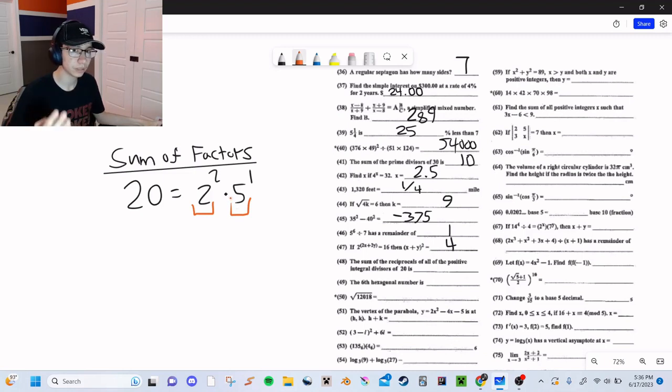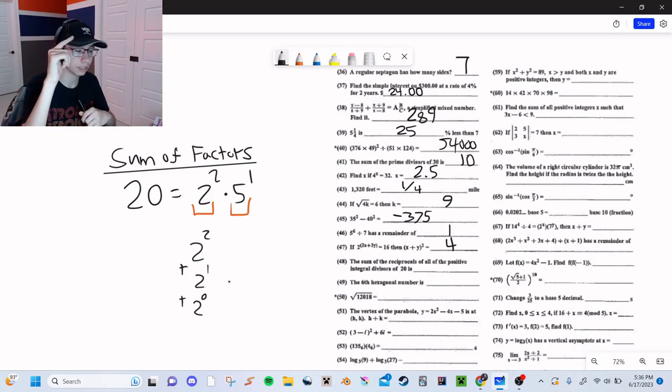We've got 2 squared, and you're going to add all the powers of 2 going down from whatever you had here to 2 to the 0th power. So I'm going to add 2 squared, 2 to the 1st, and 2 to the 0th power. That's 4 plus 2 plus 1.